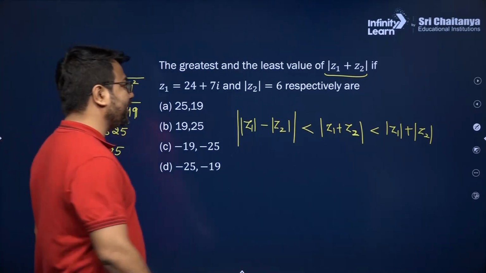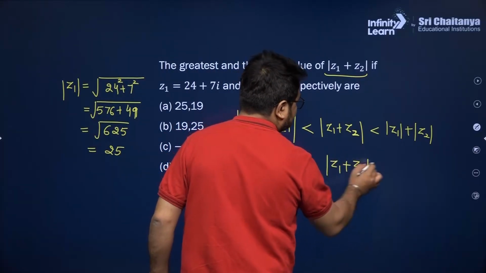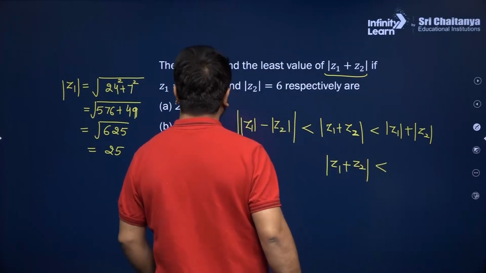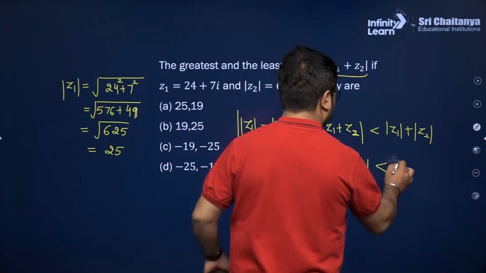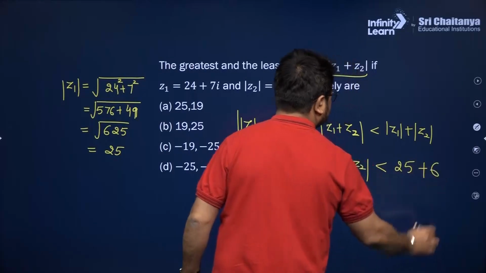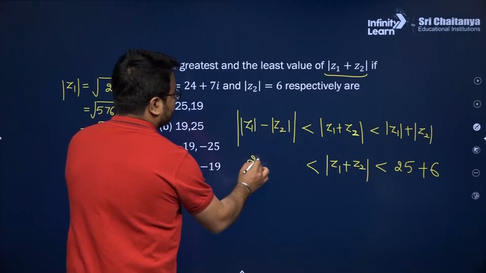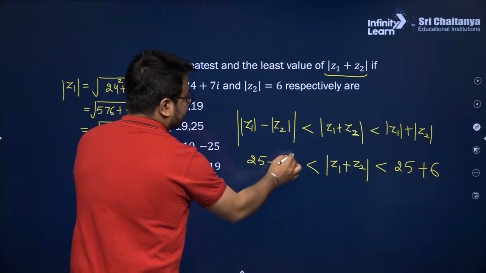Alright, so here we are left with |Z1 + Z2| less than |Z1|, which is 25, and |Z2| is already given in the question, that is 6.